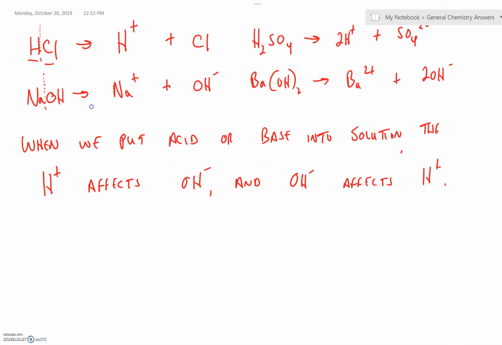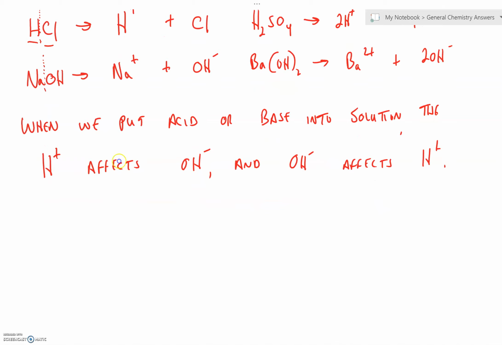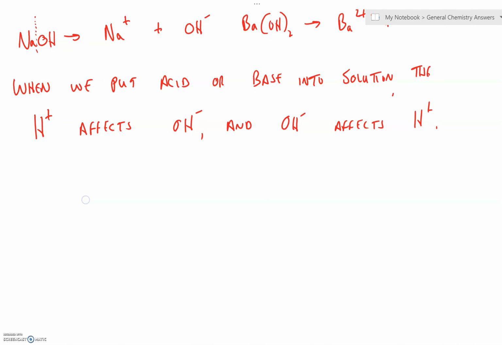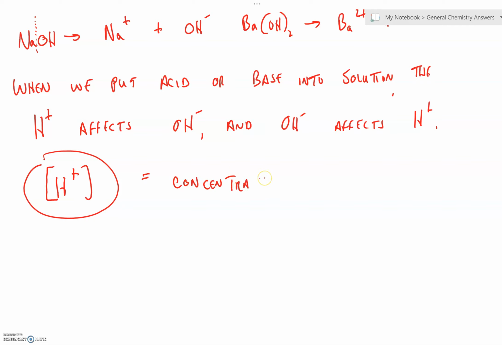Here's how this works. We're going to have a very simple equation here. Now, we're missing a lot of the details, but we want to get to pH, so we're not worried about the crazy details that we might be if we were going into a lot of depth. So here is a simple equation that we're going to use. Whenever we see these brackets, this means concentration.